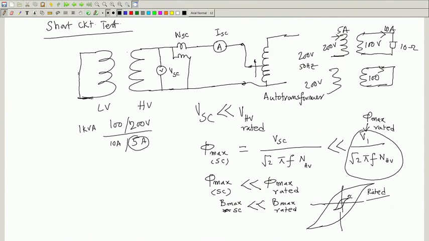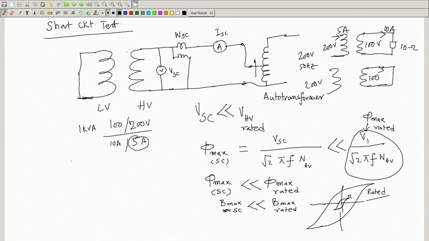So, both hysteresis and eddy current loss will be less, and also from that empirical formula we know hysteresis loss depends upon B max raised to the power some number, say 1.6. So, B max itself is quite small.